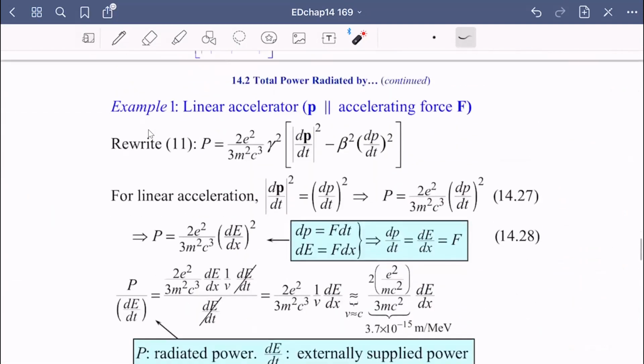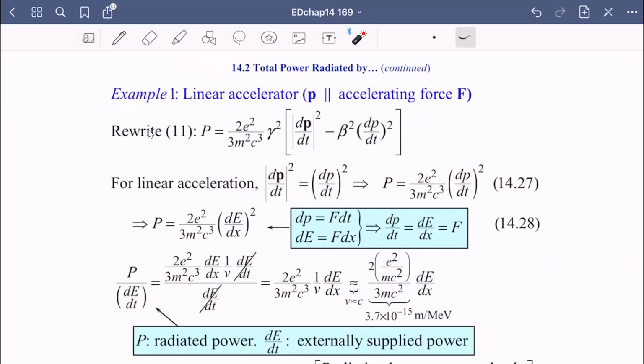The first example is linear acceleration. Here, linear accelerator, 线性加速器. That is, P is parallel to the accelerating force. Force is proportional to the change of P, and force is related to, that's the ordinary force.